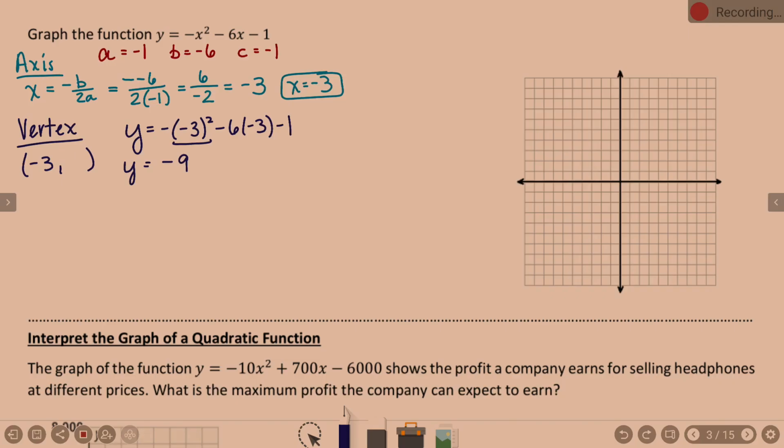Minus 6 times negative 3. I think of that as negative times negative, so I think of this as plus 18 minus 1. Negative 9 plus 18 is 9 minus 1 is 8. So I have a vertex of negative 3, 8.